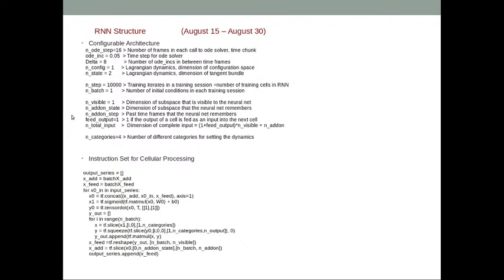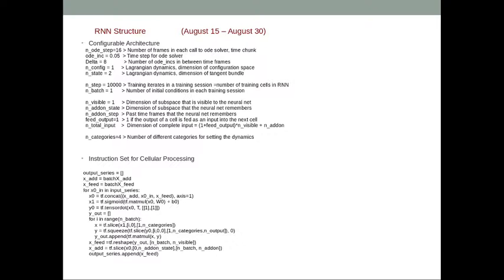In addition to what's visible to the RNN, you might want to input past states, or past visible states, to the RNN for it to make decisions as well. So n add-on state gives the dimension of the subspace that the neural net remembers.